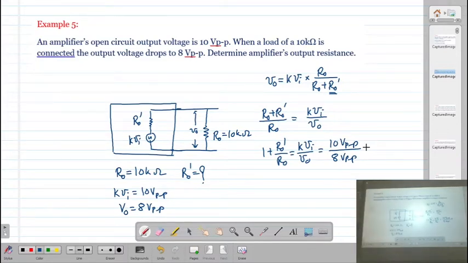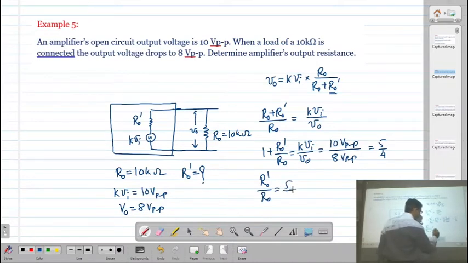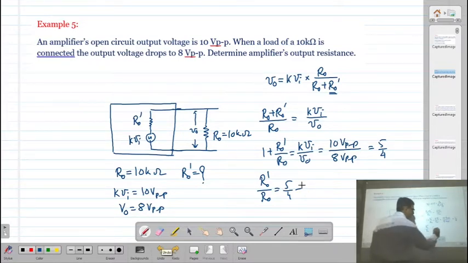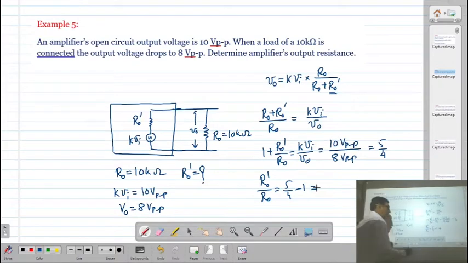10 by 8, so here we have 5 by 4. This ratio comes out to be 5 by 4. So RO dash by RO will be equal to 5 by 4 minus 1, and this will be 1 by 4.